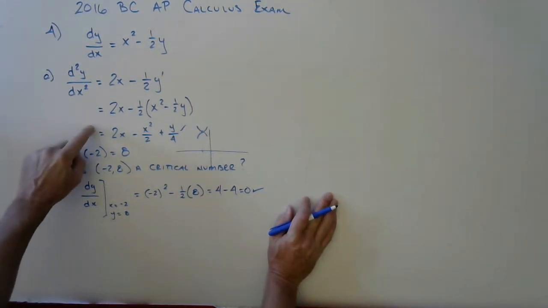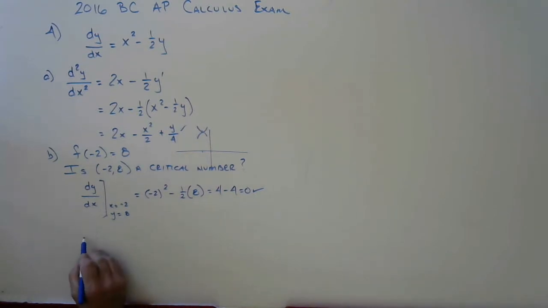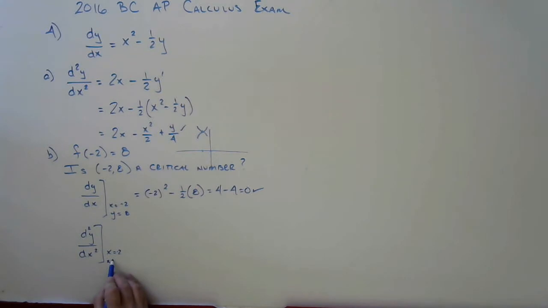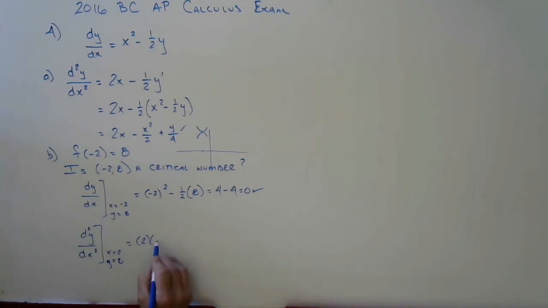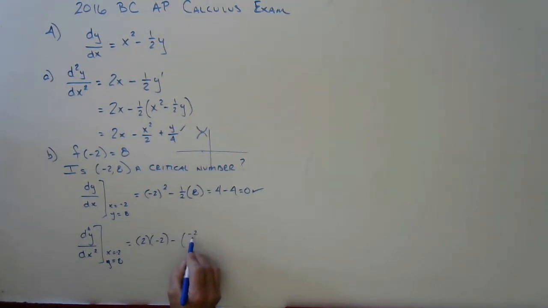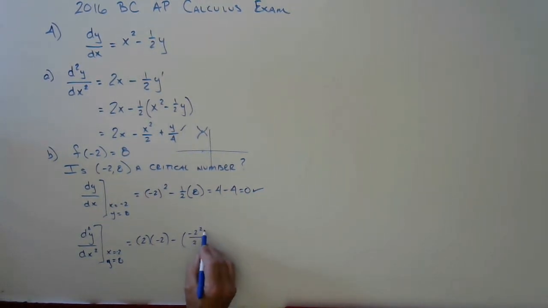We can determine the concavity of that point by taking the second derivative and evaluating that at x equals -2, y equals 8. If we plug that in, we get 2 times -2 minus -2 squared over 2 plus 8 over 4.